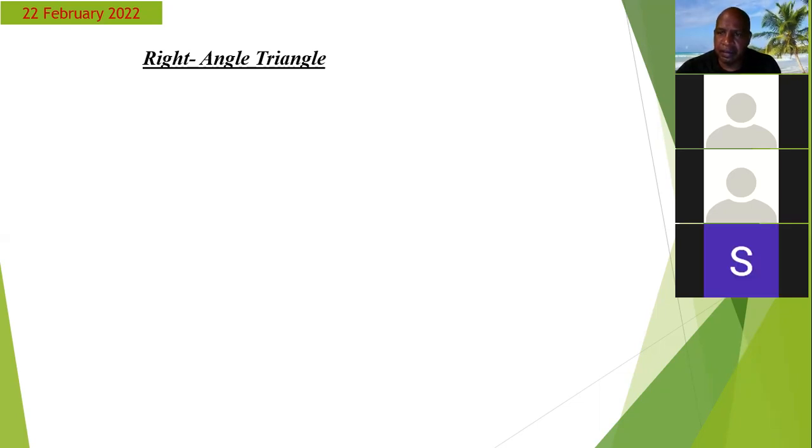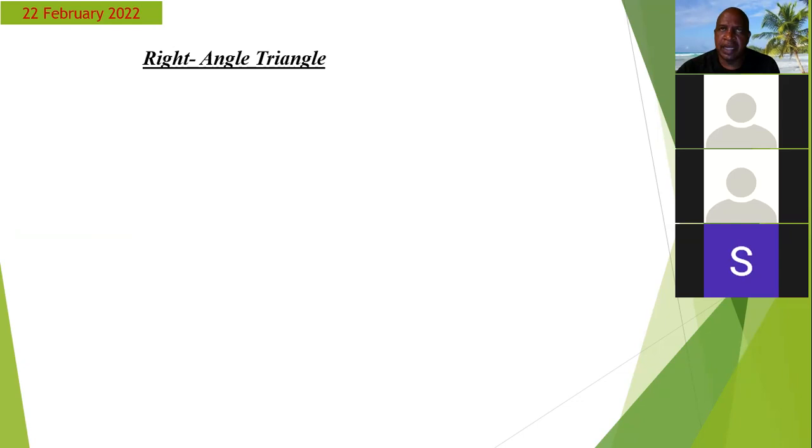Are the opposite sides equal? Well, not necessarily. You have a triangle where all the sides are equal. We have triangles where two sides are equal, but we have special names for those triangles.